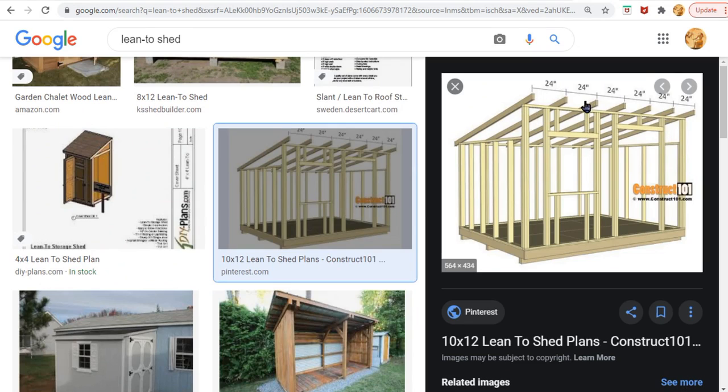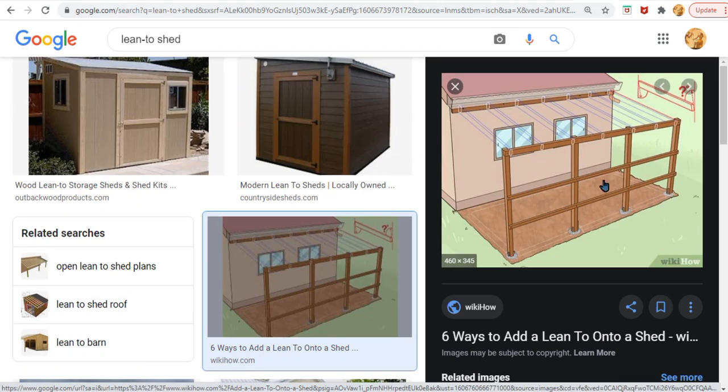Your rafters will be supported by the structure, as your lean is supported by the bank structure. And it leans to the structure, and all you need is a ledger and rafters. You don't need this support wall because there's already a structure that you lean to. This would be a proper lean-to.